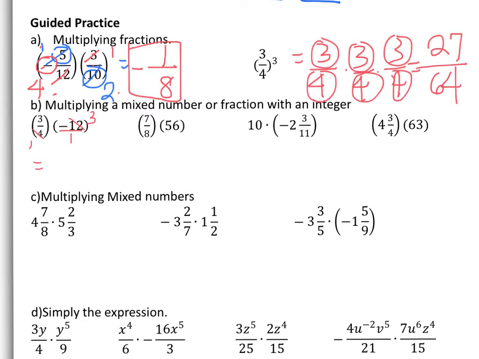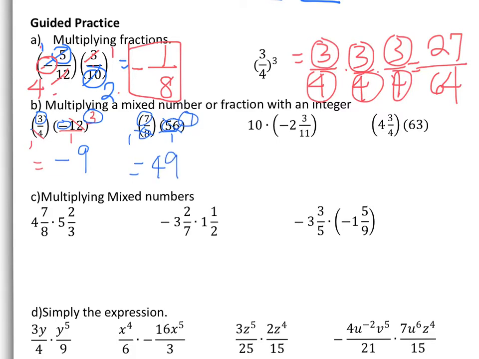Okay, so I have my negative sign here, so positive, negative, negative. 3 times 3 is 9. Okay, the same idea goes for this one, over 1. I can first simplify 8 and 56. 7 times 7 is 49.